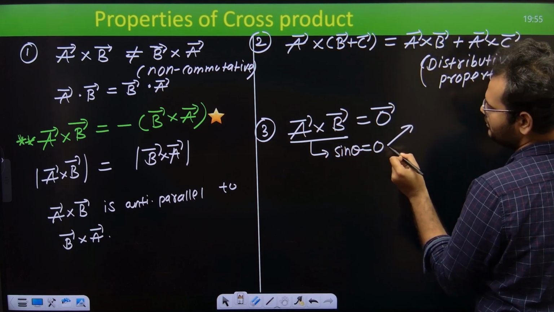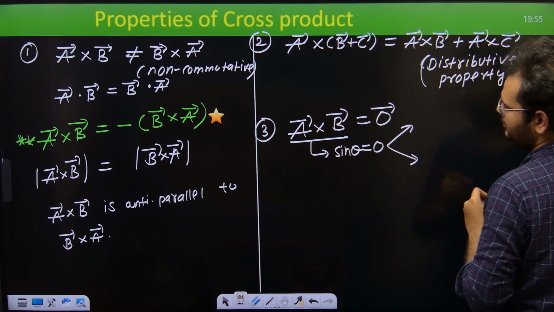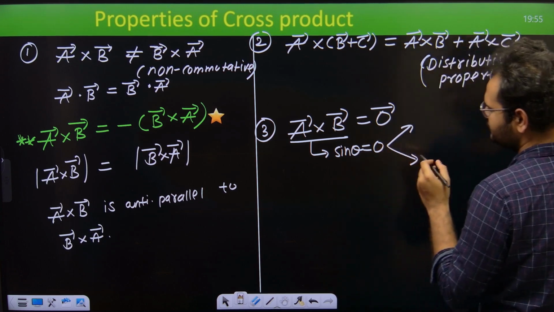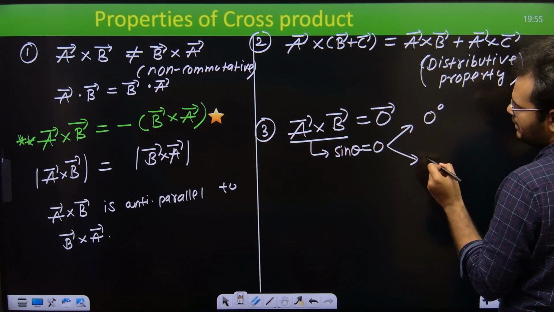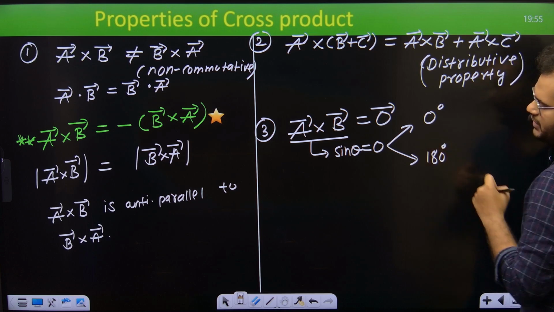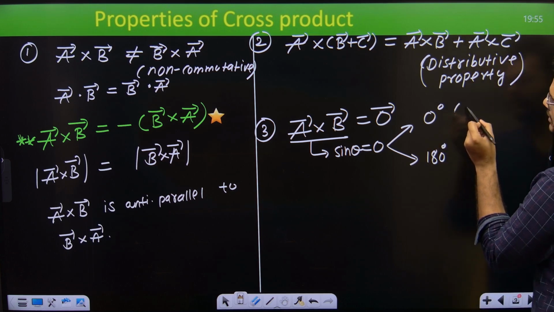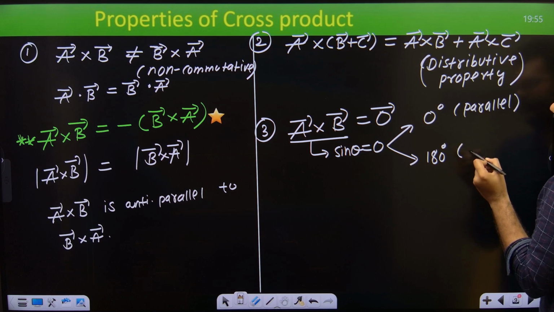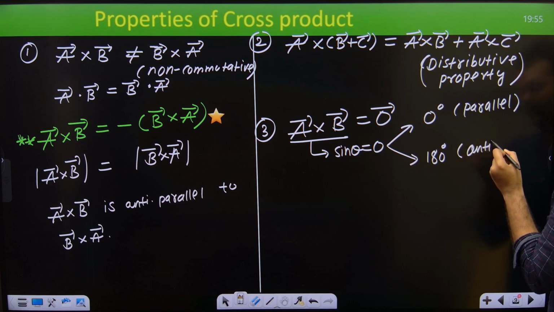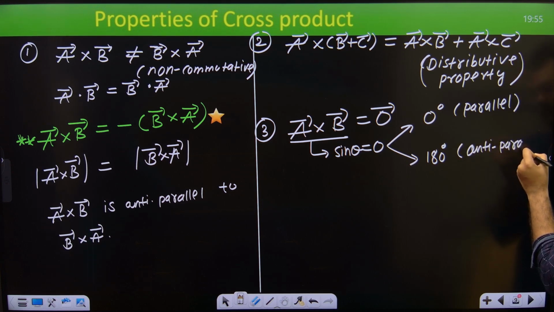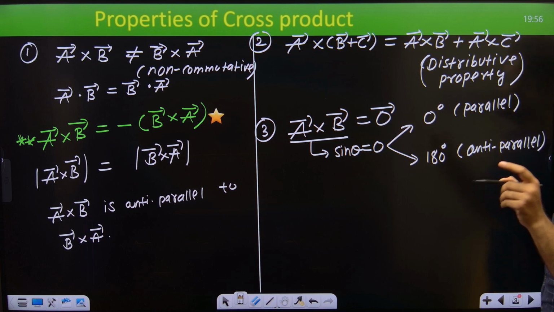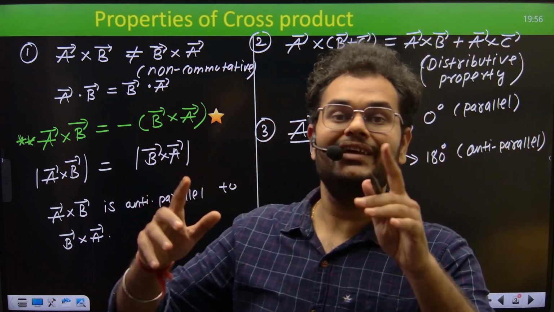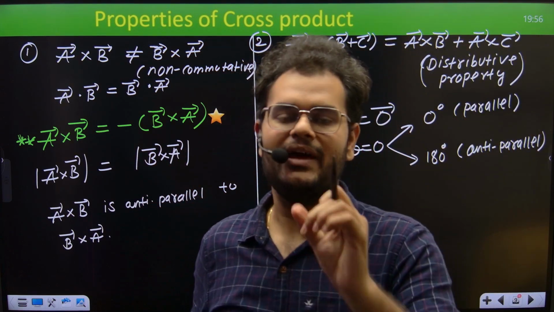Two cases are there: theta is 0 degrees and another is 180 degrees. 0 means what? Parallel. And 180 degrees means what? Anti-parallel. Again, a very important point: the cross product is 0 when two vectors are parallel or anti-parallel.